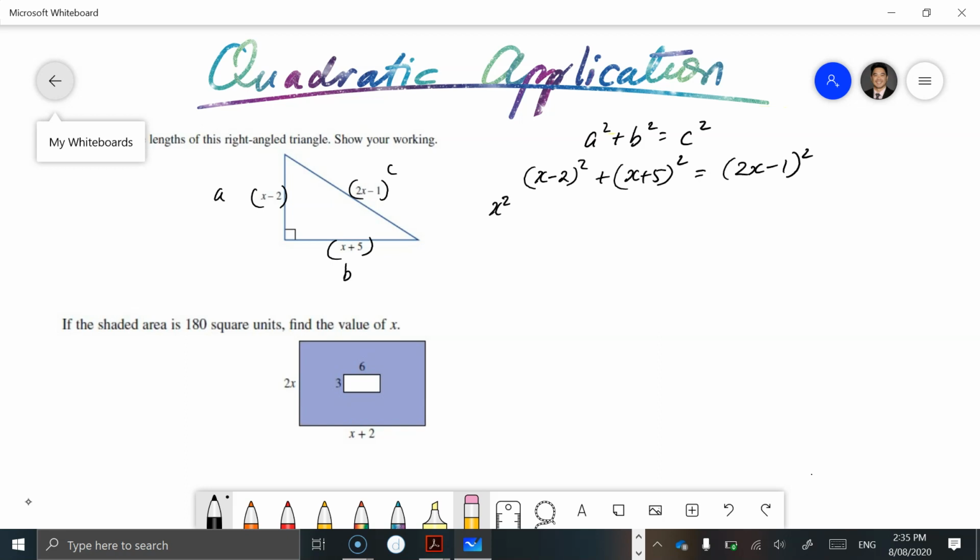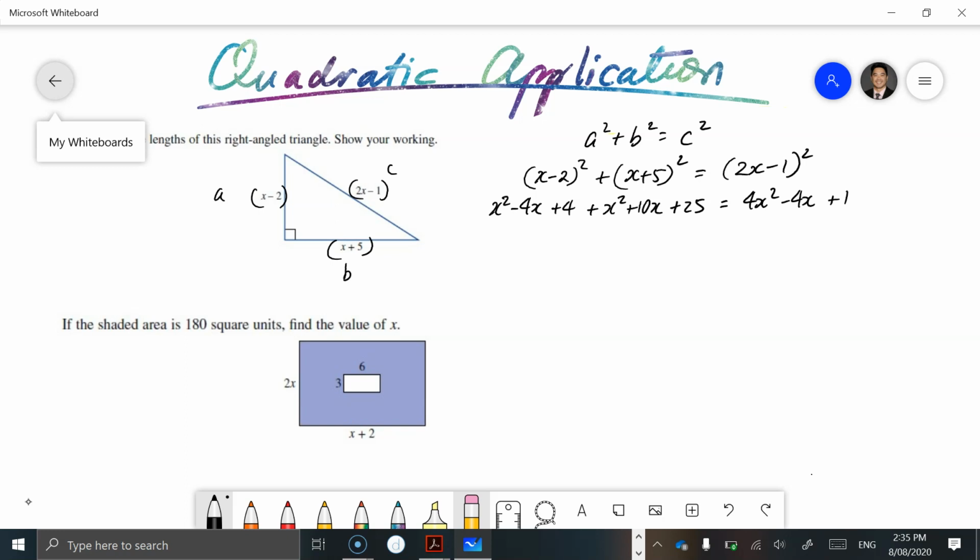So x squared plus 4 minus 4x is the expansion of the first set of brackets, plus x squared plus 25 plus 10x is going to be the expansion of the second brackets. And then 4x squared plus 1 minus 4x is going to be the expansion of the last set of brackets.